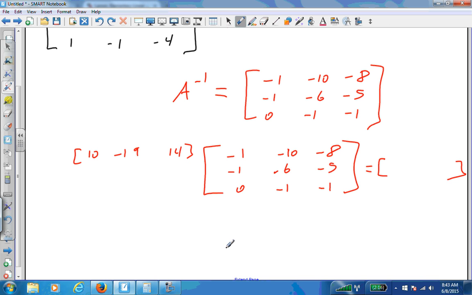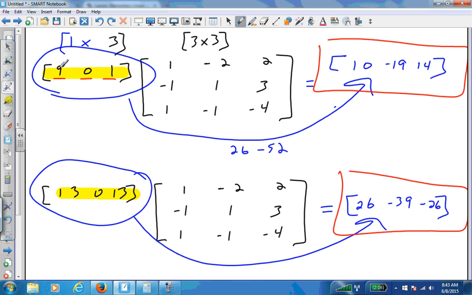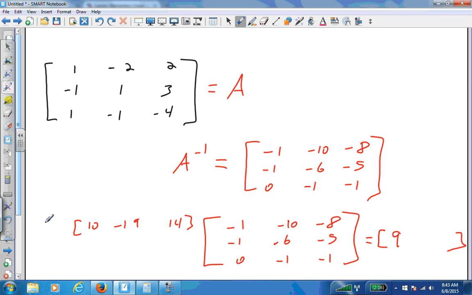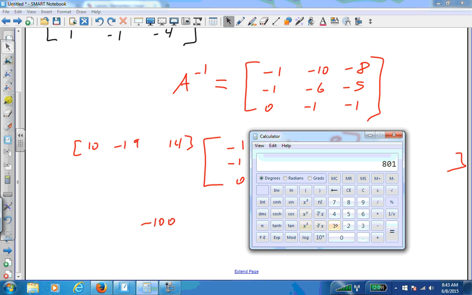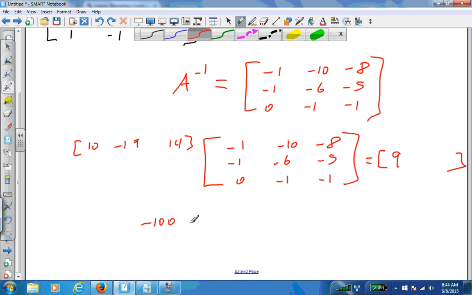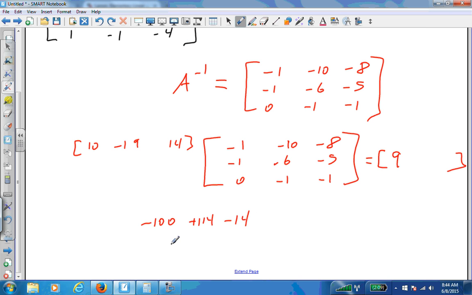So 10 times negative 1 is negative 10. 19, 0, so 9. Did we start with a 9 there? Yes. Row times column. That's negative 100. 19 times 6, that's 114. 14 times minus 1, negative 14. That's negative 114. Positive 114 is 0.